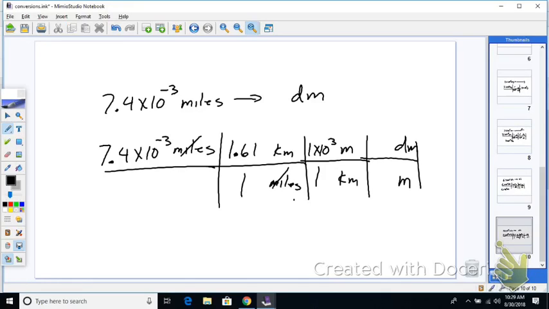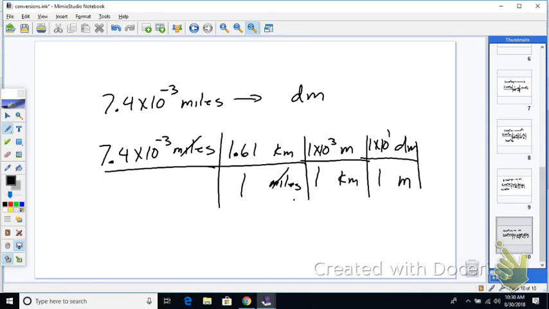Which one's bigger? Meters. So this would be 1 times 10 to the what? First. So then I might have to get my calculator out. I wouldn't have to. I could probably multiply that out, but it would be quicker.